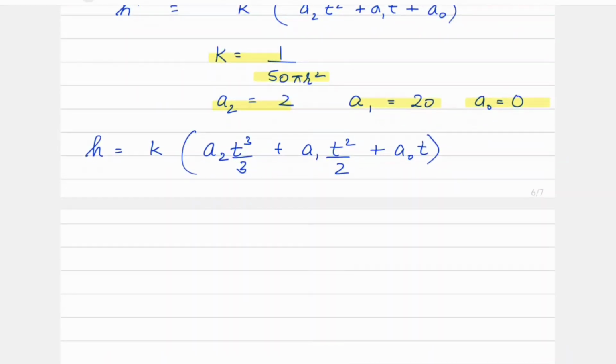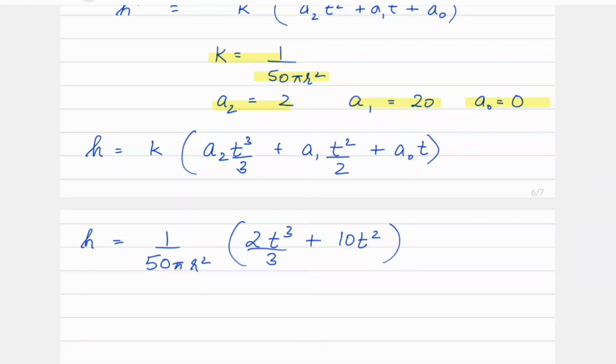Let's put in the values. h is equal to k, which is 1/(50πr²), then we have 2t³/3 plus here a1 is 20 and we are also dividing by 2, so we can write this as 10t², and a0 comes out to be 0, so that will become 0.